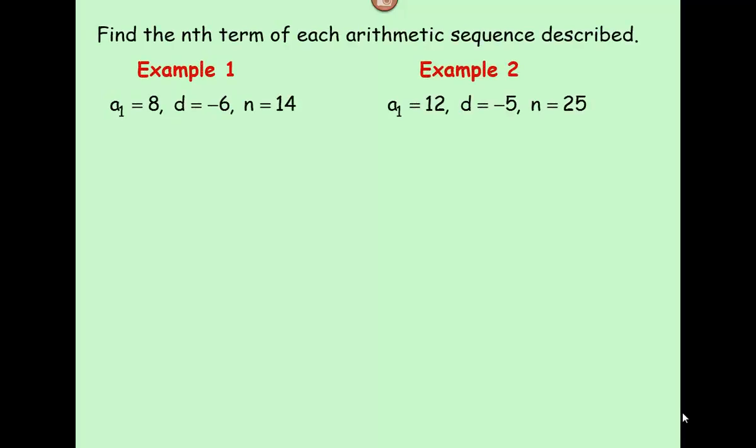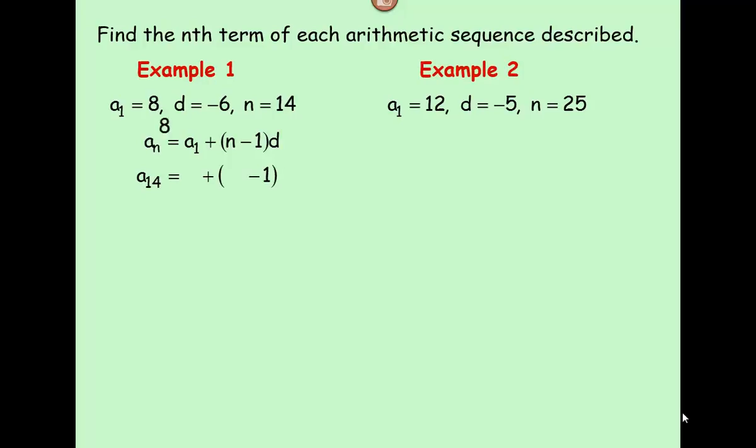Let's look at two examples. Find the nth term of each arithmetic sequence, and we have two cases here. In the first one, we know the sequence starts at 8. We know that the common difference is to go down by 6, and we want the 14th term of the sequence. Once again, write your formula. Anywhere you see n, you're going to plug in a 14.